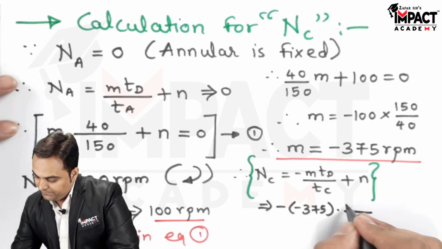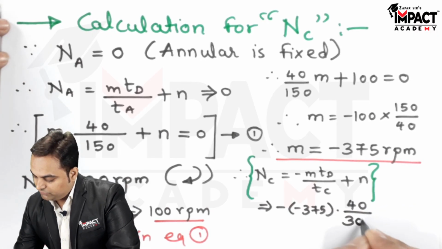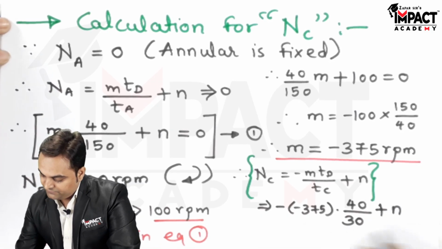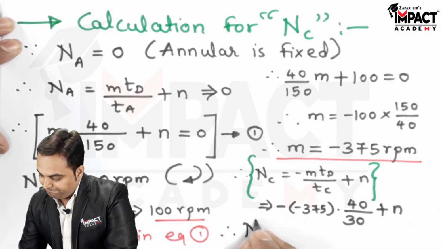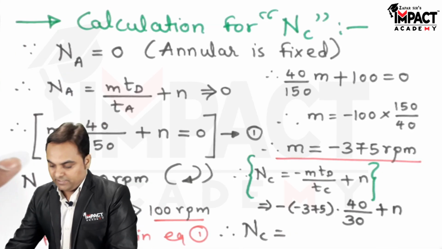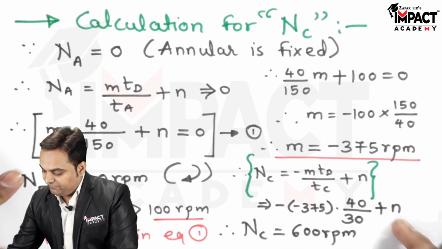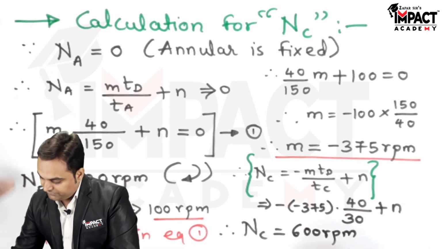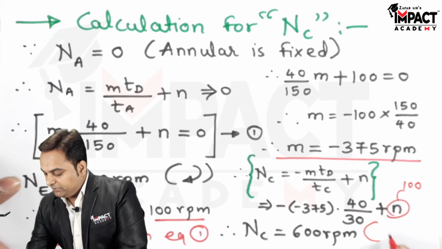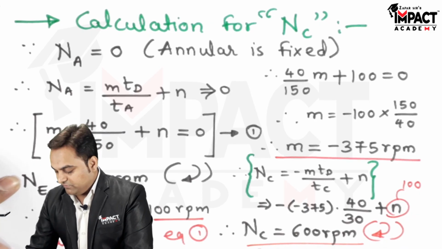TD was 40. TC value was 30. We had calculated this. Small n is 100, that is plus. So finally, speed of gear C comes out to be 600 rpm, and that too a positive value. 600 rpm positive value, it means gear C would be rotating in a clockwise sense as per the given conditions.